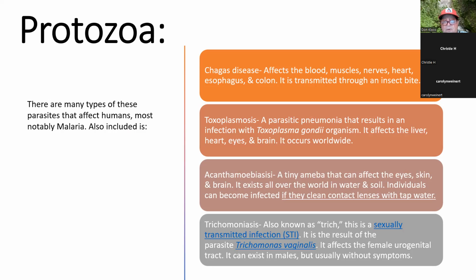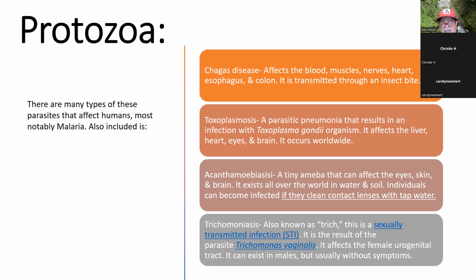We have toxoplasmosis, which is a parasitic pneumonia that results in an infection with the Toxoplasma gondii organism. It affects the liver, heart, eyes, and brain, and this occurs worldwide.